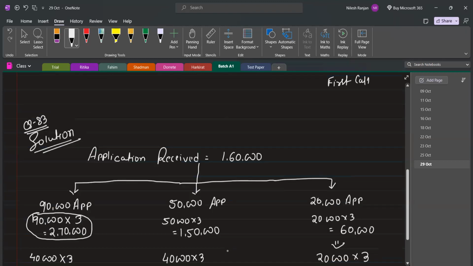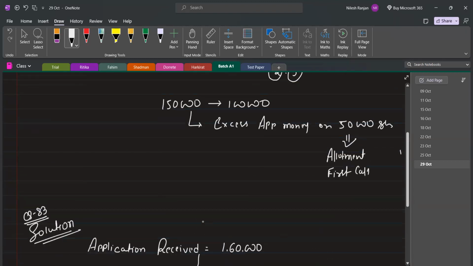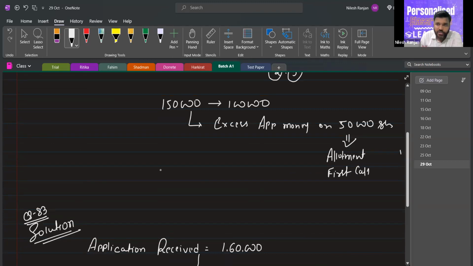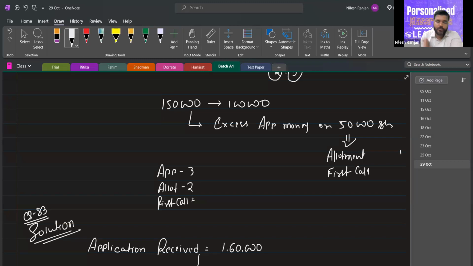In the question, I have changed the situation a little bit. I told you about that. So there is application of 3, allotment of 2, first call is 3, and final call is 2. Okay.